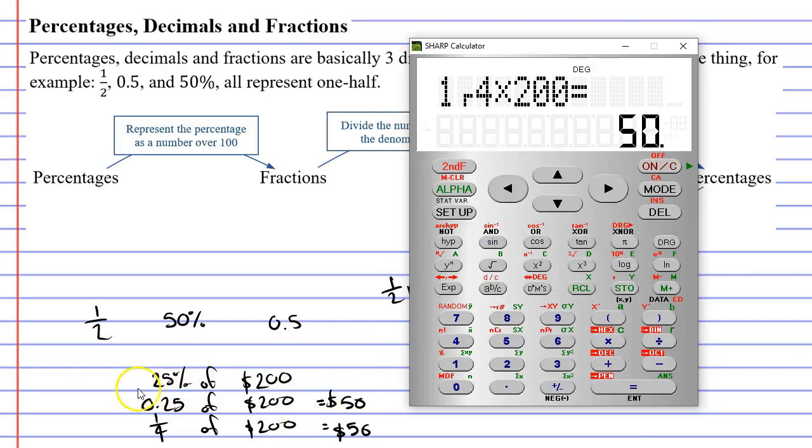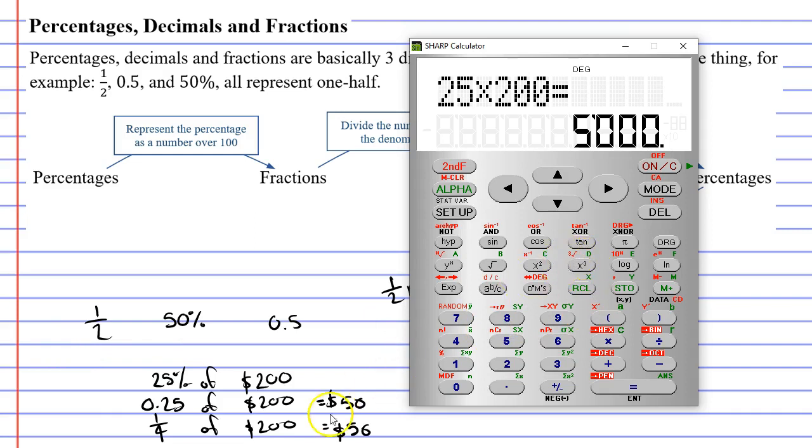What if I use the percentage, 25% of 200? Well, there isn't a percentage button. And if I did 25 times 200, I'll get the wrong thing. I'll get 5,000.